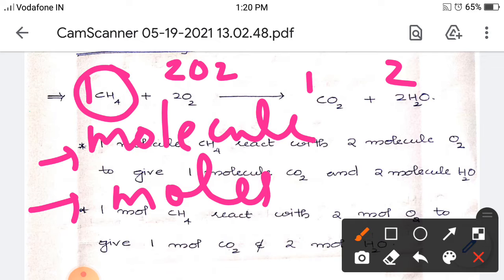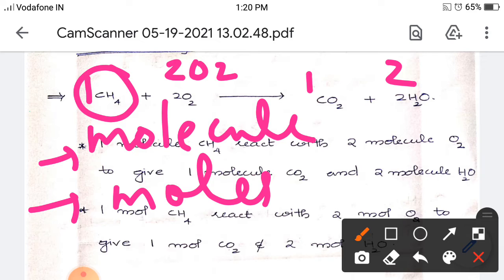If you are representing one CH4 reacting with two molecules of oxygen, you have to represent like that. You cannot represent like this: one molecule of CH4 reacts with 2 moles of O2. That is the wrong method of representation.